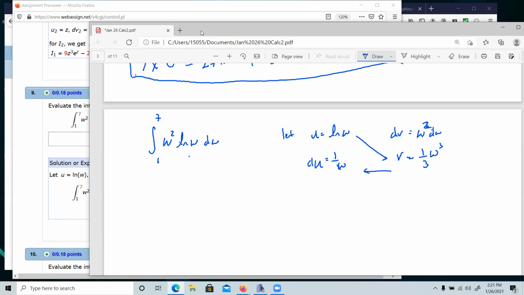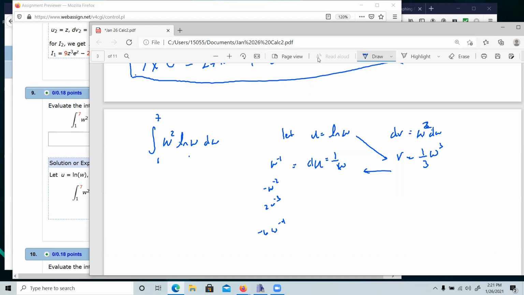We can do this. Notice that this was an exception. We didn't want to do the tabular integration on this one because we don't have to take this thing all the way down to 0, and I can't integrate this thing anyway. Right? If I tried this one, this is really w to the negative 1. If I take the derivative, we're going to be here for a while until we get to 0, aren't we?